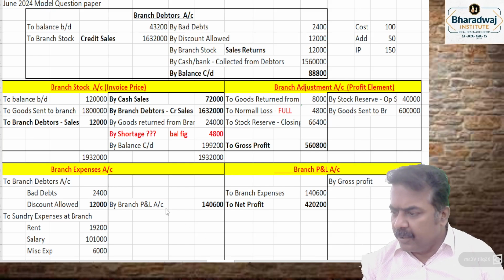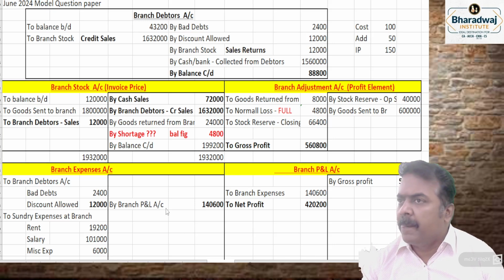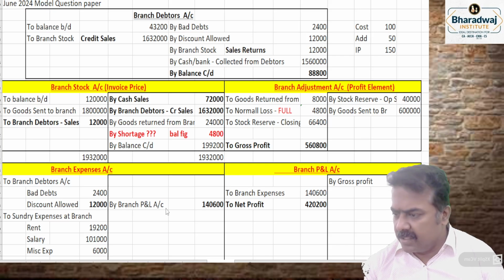Also completed. You are in which question? June 2024 model test paper. Then December 2023 model test paper.